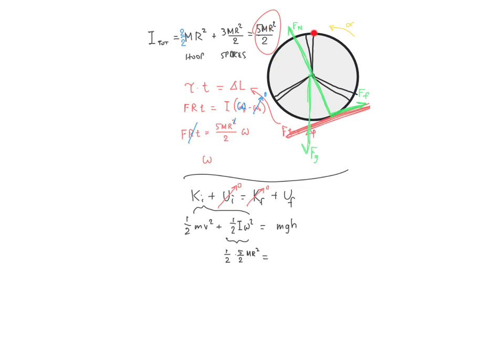But notice that the hoop itself has a mass M, and then each of these spokes in the wheel also has a mass M. So the total mass of the entire wheel is actually going to be 4m. So that's what you've got to put in place of this m and this m. So we have 1/2 times 4m v squared plus the part we just did is equal to 4m g h.